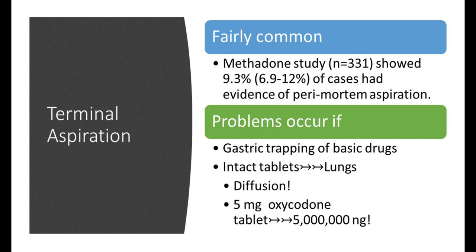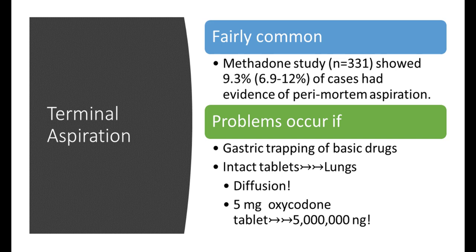Terminal aspiration is also fairly common. A methadone study of 331 cases showed that in 9.3% of the cases there was evidence of perimortem aspiration. And dying is stressful to the body, and this can happen at that time.